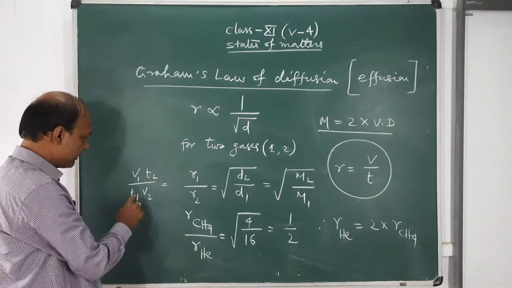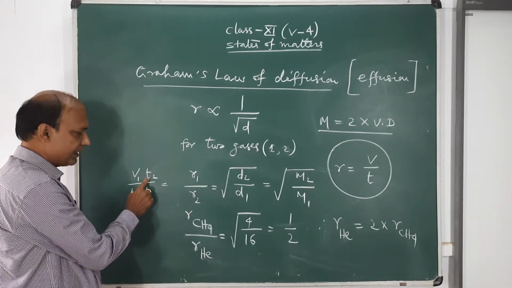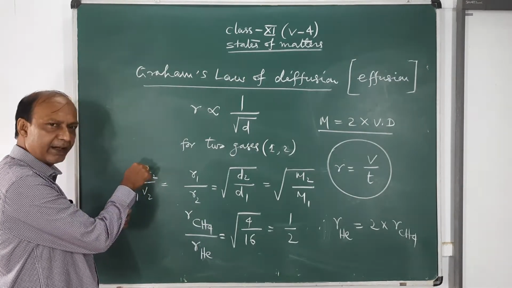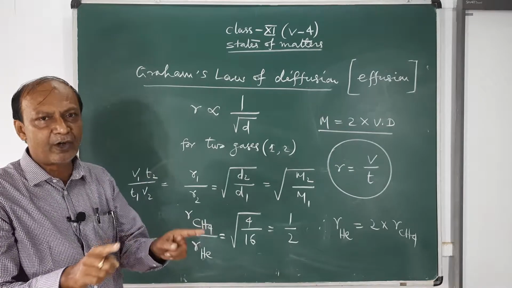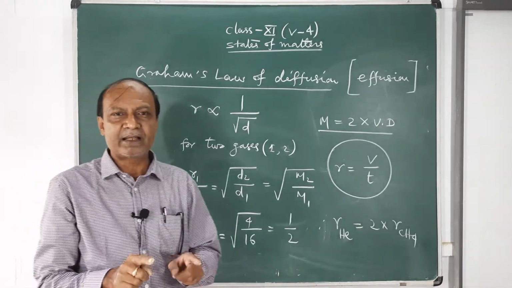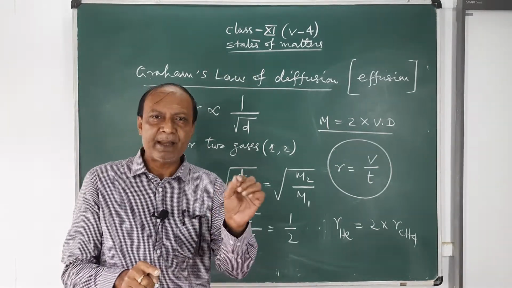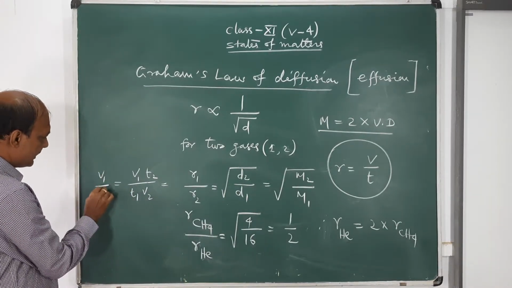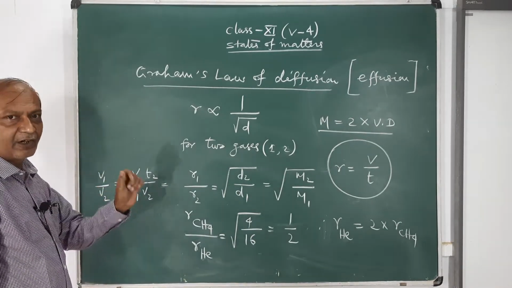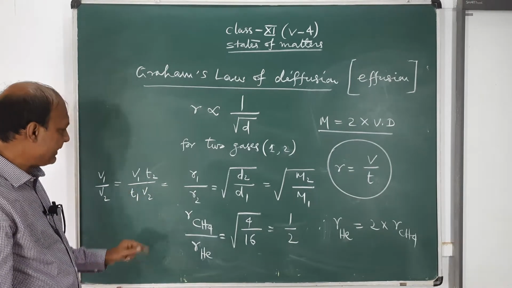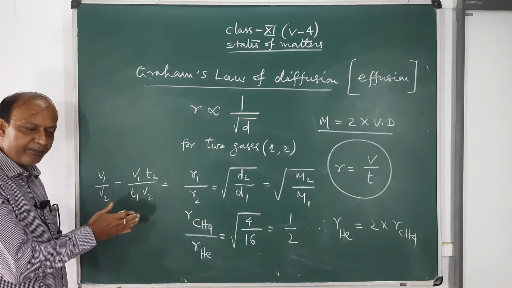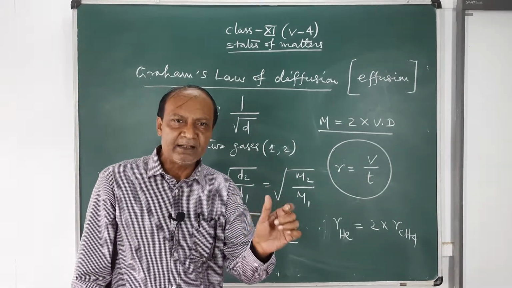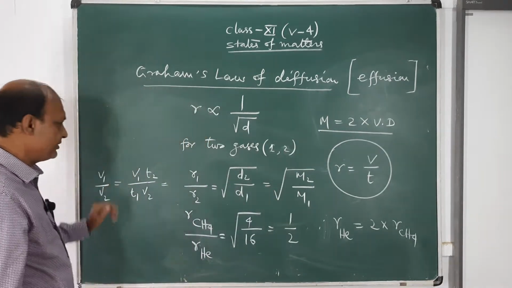Different volumes of two gases are diffusing in two different times. If you make the time constant, different volumes of gases are diffusing in the same time, then it will be equal to V1 by V2. When time is constant, it means that in the same time, different volumes of two gases are diffusing.